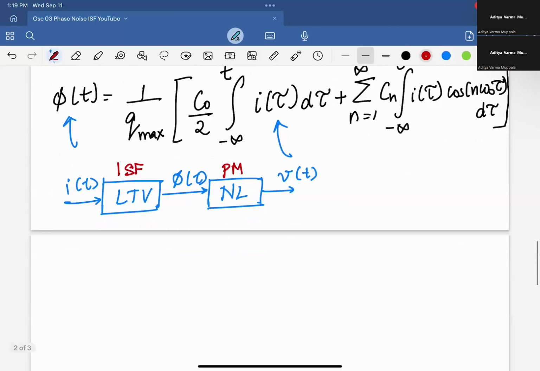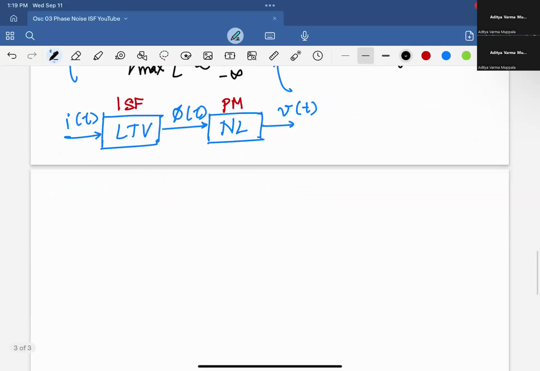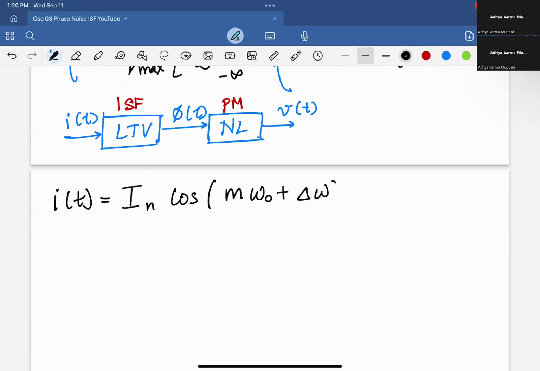Okay, so let's take the first example. I'll take the general case directly, which is that I of t, say, is some amplitude times cosine of m omega naught plus delta omega times t, for m which is some integer. And delta omega is much less than omega naught.